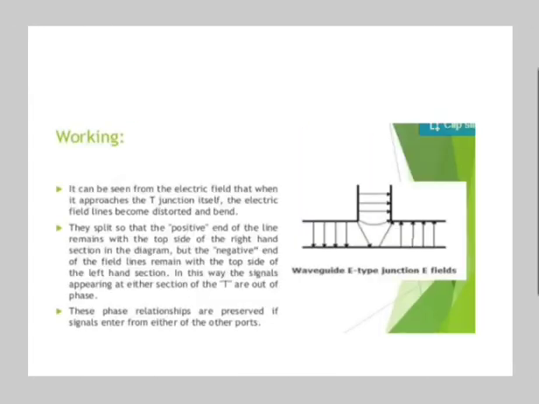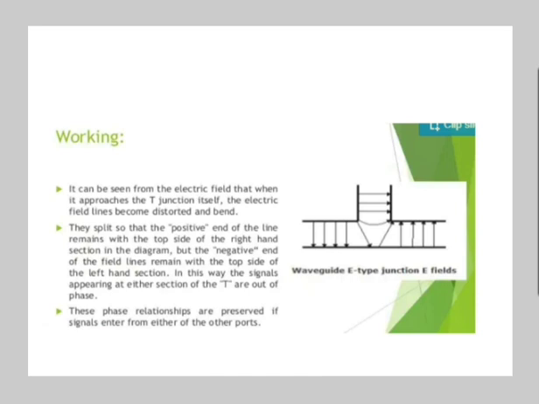The electric field is considered. When it approaches the T junction itself, the electric field lines become distorted and bent.